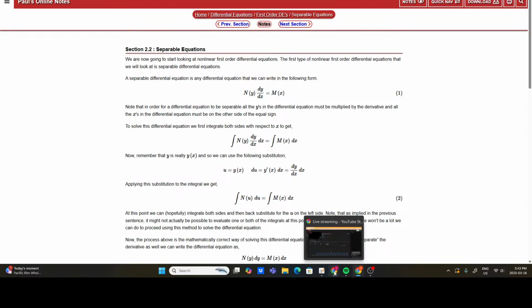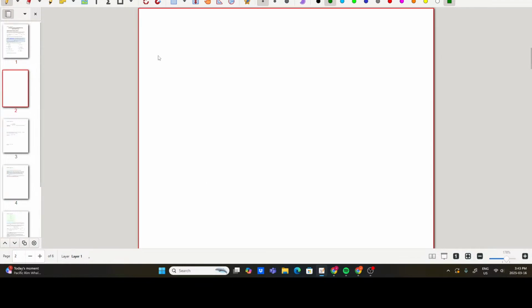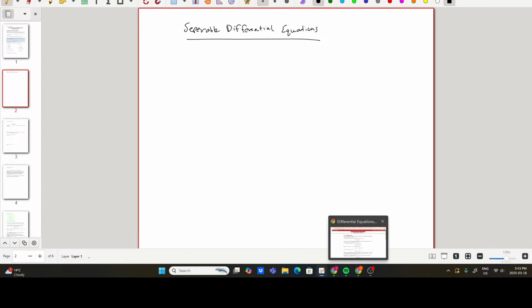If I can get an extra sheet in between these two, and thinking about it, if I have any separable differential equations, I should just be able to write it in this form, which is n of y dy/dx equals m of x.